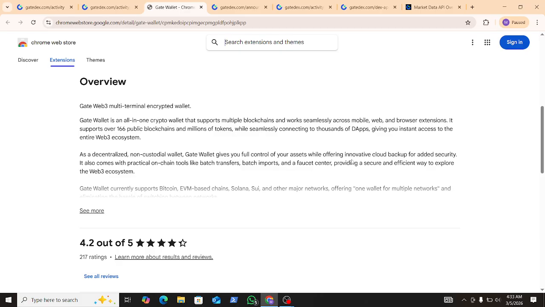It supports 166 public blockchains and millions of tokens while seamlessly connecting to thousands of DApps, giving you instant access to the entire Web3 ecosystem.